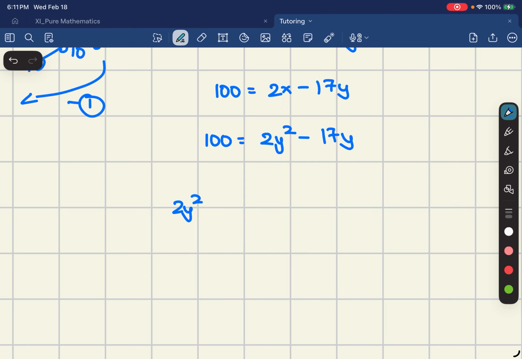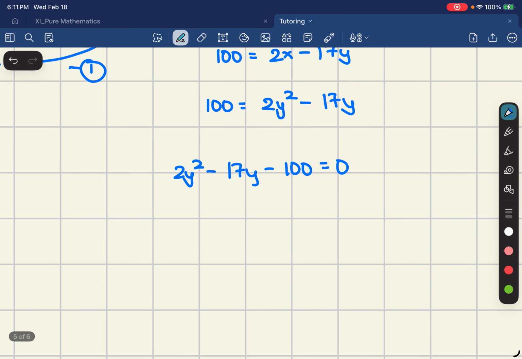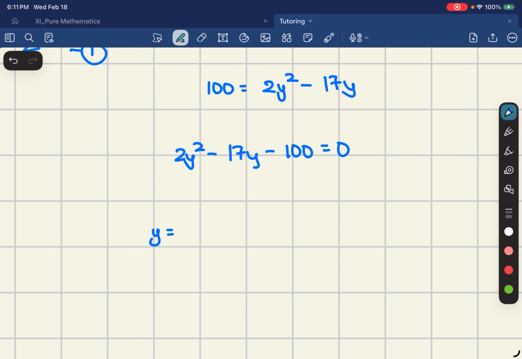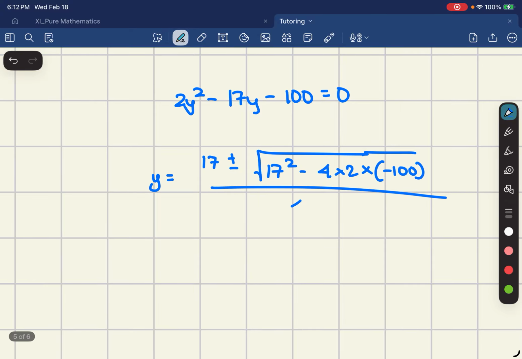So 2y squared minus 17y minus 100 is equal to 0. And we are going to solve this. So using the quadratic formula, y is equal to 17 plus or minus the square root of 17 squared minus 4 times 2 times negative 100, all over 2 times 2, which is 4.